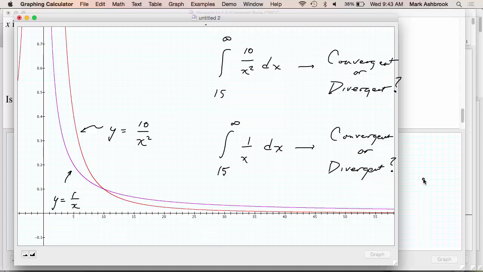The first one is the red one, the red rate function. We said it has a better chance. Is it convergent or divergent? Convergent. That integral is a finite quantity. It's a total amount of a finite quantity. How do you know? P is greater than 1. So this is the red, so I'll circle in red.